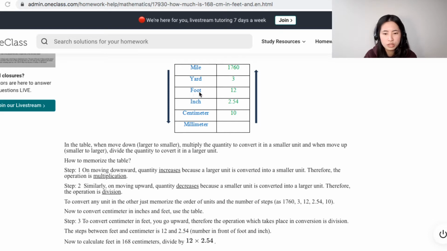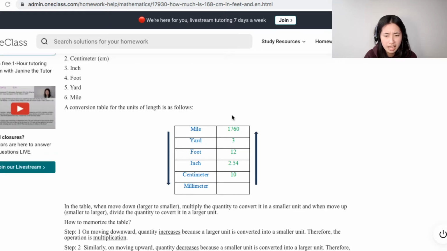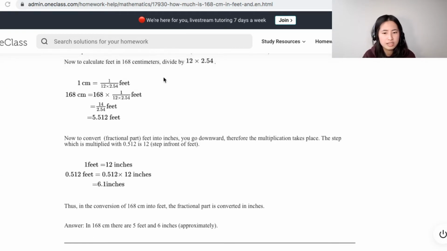Because 1 foot is actually 12 inches, and I don't really see any units here. It doesn't say any units, so 1 foot is 12 inches. And then an inch is 2.54 centimeters. Maybe if they can have a unit over here, like a title, just so we know which way we're going. Okay, but let's see what they wrote.